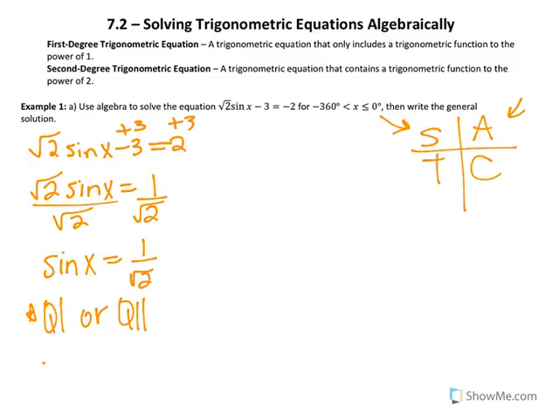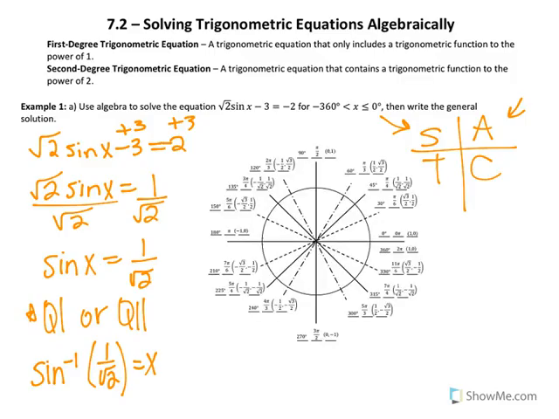We can do sine to the minus 1 of 1 over root 2 to give us our angle, or because it's 1 over root 2, I can use my unit circle to know that the answer is 45 degrees in quadrant 1, and it is 135 degrees in quadrant 2.